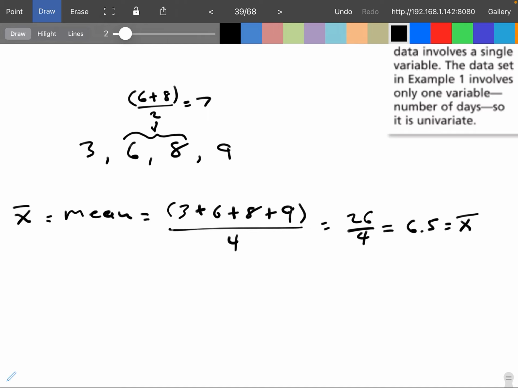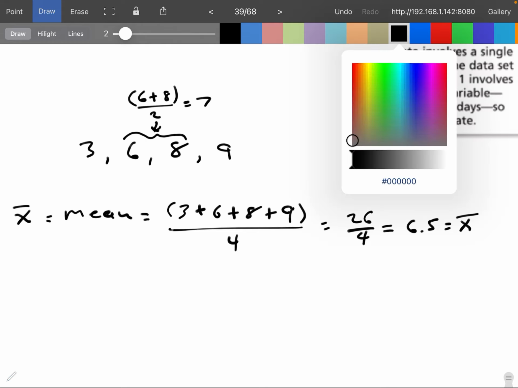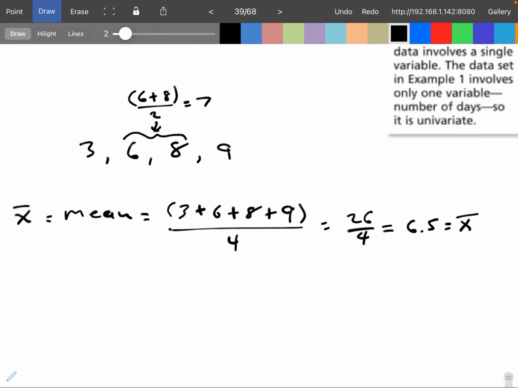So that would go right in the middle here. So it's 7. That is our middle value, so that's our median. And then the other one we got to do is the mode.